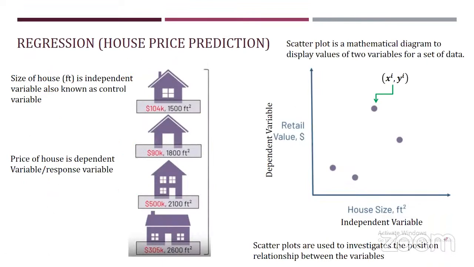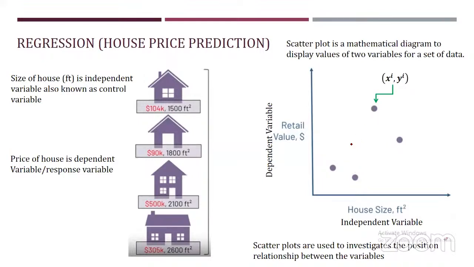Now we are moving toward how exactly we are going to use it. If you want to model the relationship between the two variables, one thing you can have is a scatter plot, where you can see what kind of relationship these two variables hold.